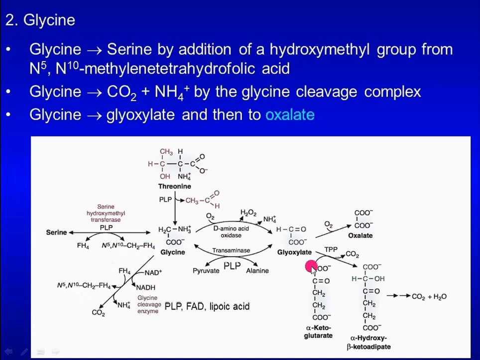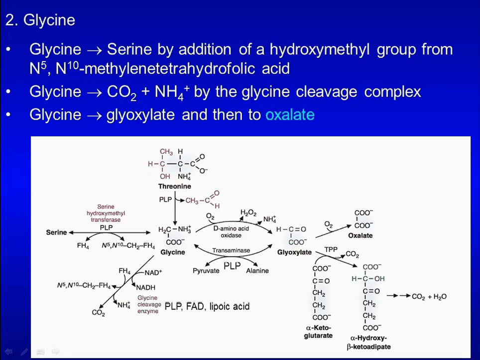Third, glycine can be deaminated by D-amino acid oxidase, giving rise to glyoxylate, which is oxidized to oxalate. Excess oxalate can form kidney stones. To prevent the buildup of glyoxylate, alanine glyoxylate aminotransferase converts glyoxylate to glycine.